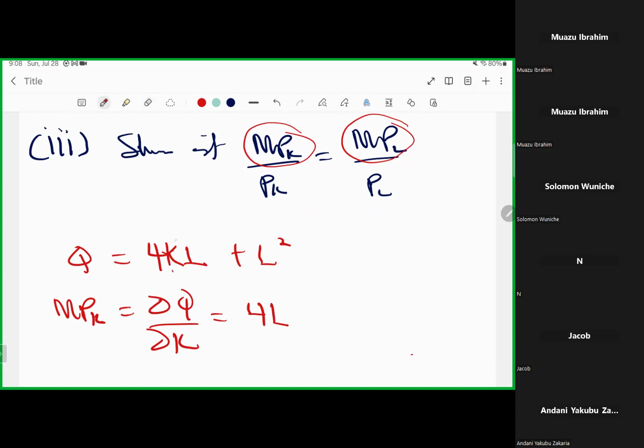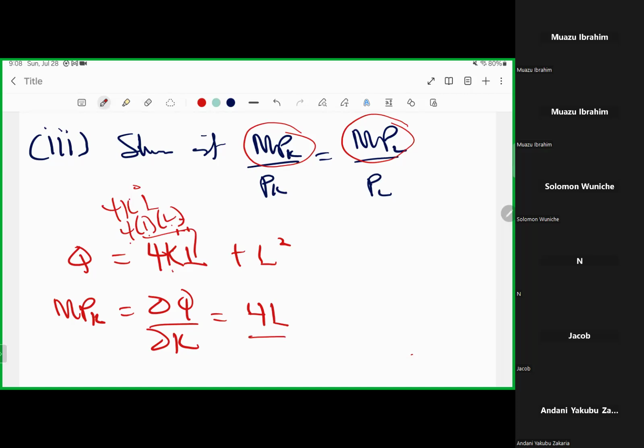This K will go because it's raised to the power 1 minus 1, so here will be 0. So this literally means 4K raised to the power 0, L. Any number raised to the power 0 is 1. So it will be 4 times 1 times L, which is this one.